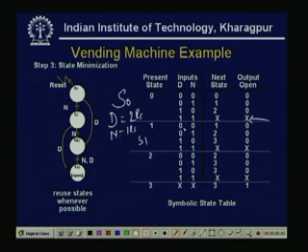Then 1 0, a 2 rupee coin. Now, I already had 1 and a 2 rupee coin comes, so 3. So, I get next state 3, and this will generate an output 1.